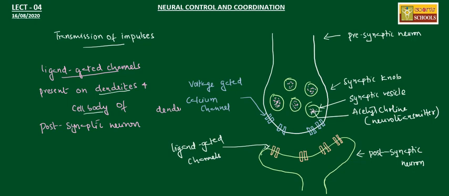Now when the action potential comes into the synaptic knob, it will open these voltage gated calcium channels. Outside we have more calcium ions, and inside there will be fewer calcium ions.